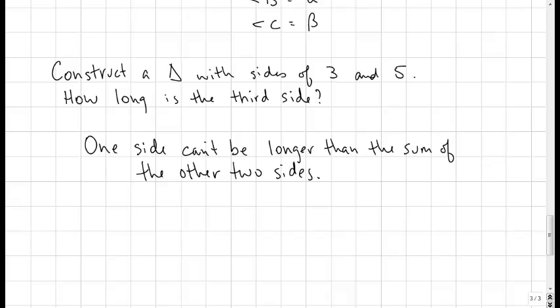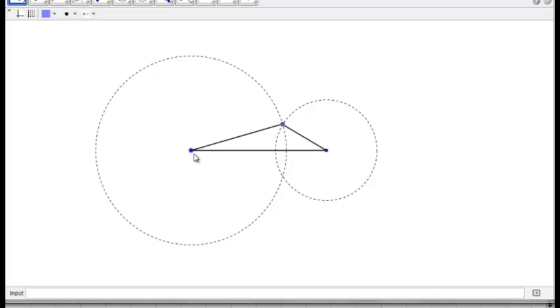And so if we go back to this GeoGebra example here, imagine now that this horizontal leg is the 5-unit long side, and the one on the left here is the 3-unit long side. Well, once again, the same property holds.